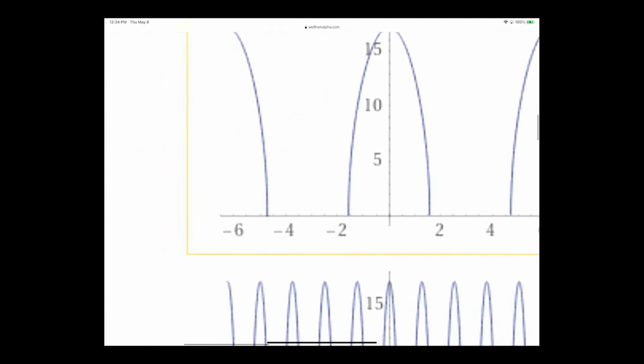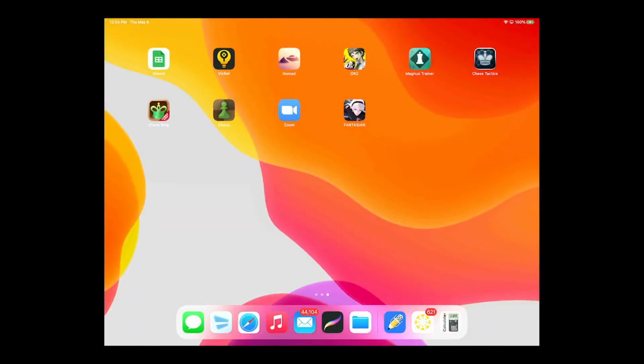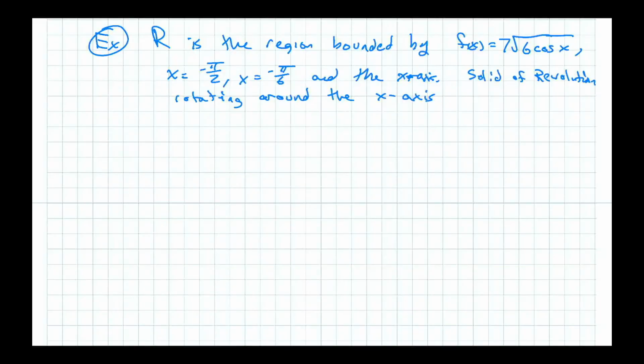So I'm not going to do more than that. We're going to draw it. It's something like this. We're looking at a little piece of the graph like that. And then this is negative pi over 2, and the other endpoint is negative pi over 6.